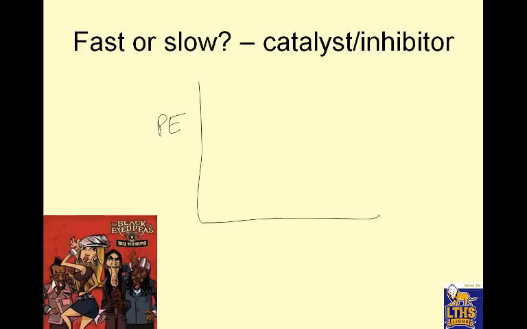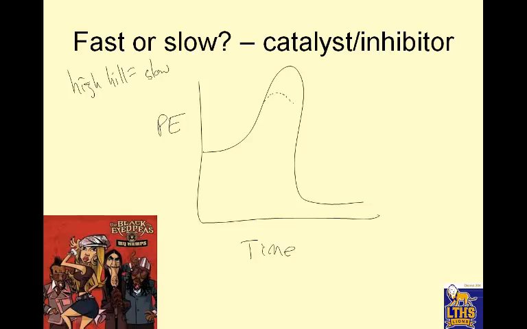So this is potential energy, this is time, basically. And if I have a reaction here, fast or slow, the higher this hill, the slower it is. So high hill equals slow. So what a catalyst does is a catalyst breaks a new path, so it changes the activation energy. Remember we talked about how important the energy is?